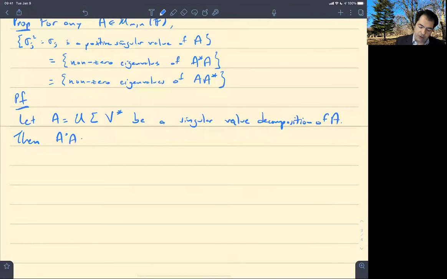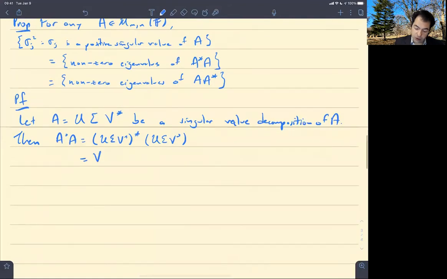A star A, for example, is going to be (U sigma V star) star times U sigma V star. Remember, if you take the conjugate transpose of a product, you get the product of the conjugate transposes in the opposite order. And if you take the conjugate transpose twice, you get the original matrix. So here we're going to get that, and then here we're just going to have this.